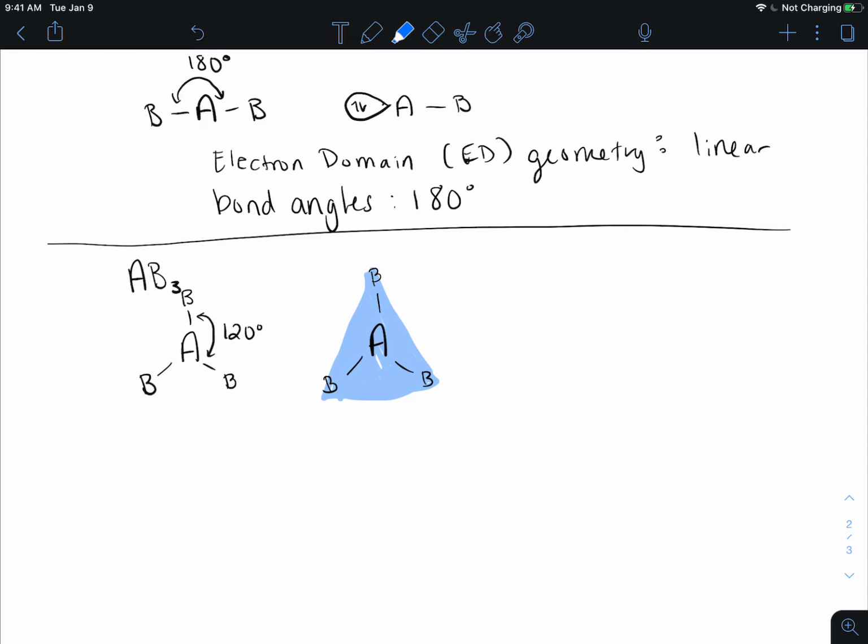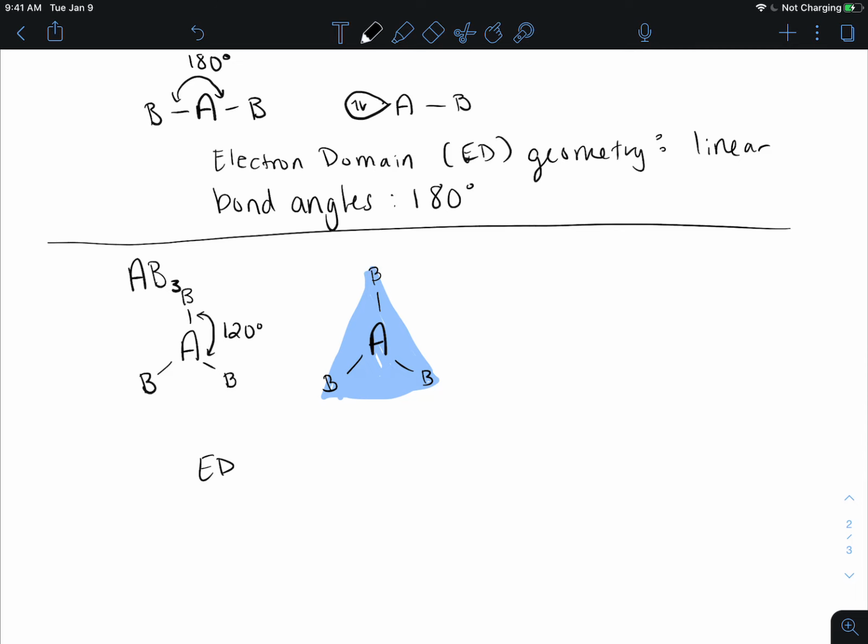Hopefully you see that this looks like a triangle. And it's all in one plane. All the atoms are in one plane. So we call this electron domain geometry.